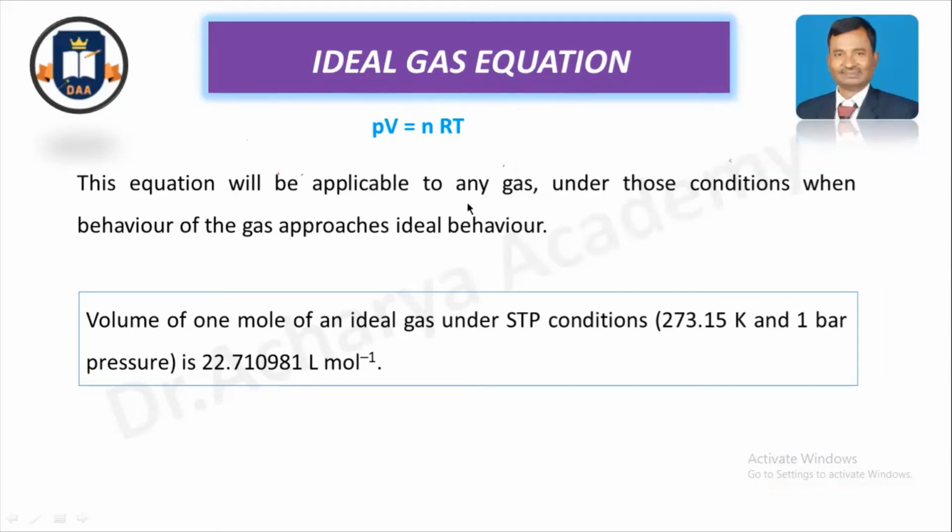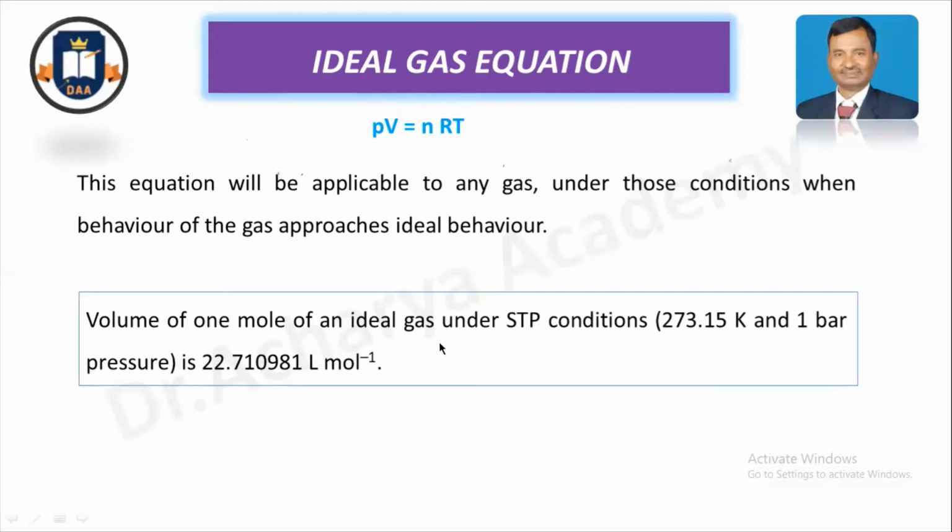The gas which behaves ideally means, as I already discussed previously, that there is no interaction between the gas molecules. That is called the ideal gas, and in this ideal gas condition, the equation PV is equal to nRT will be applicable.